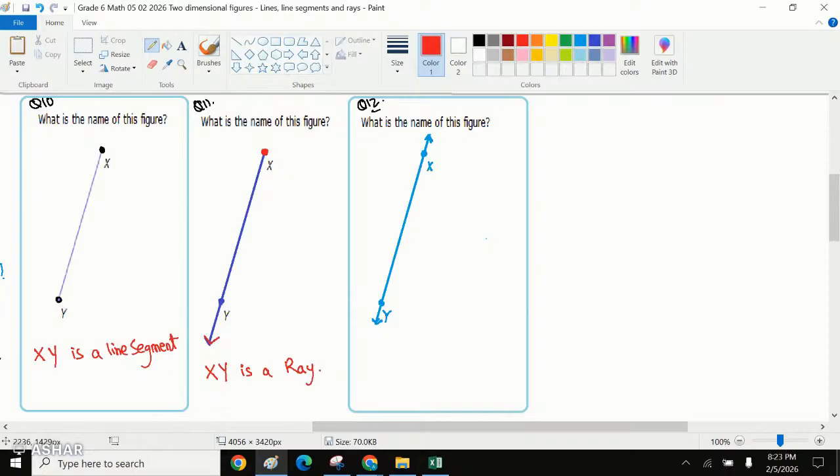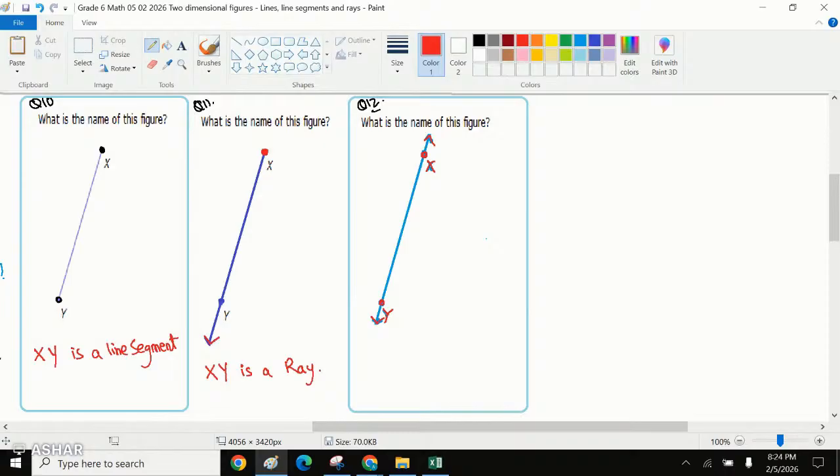What about, we have the distance X and Y, labeling 2 points on a line. But what happens over here is the line is extended beyond the points. Yes, thank you.